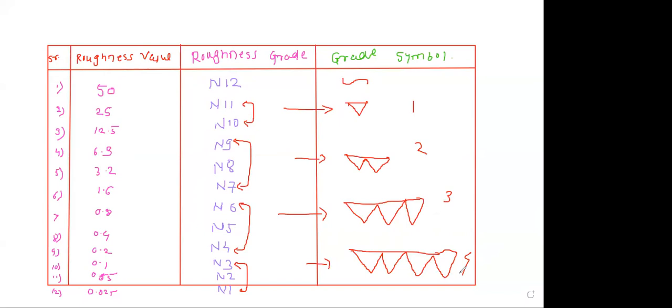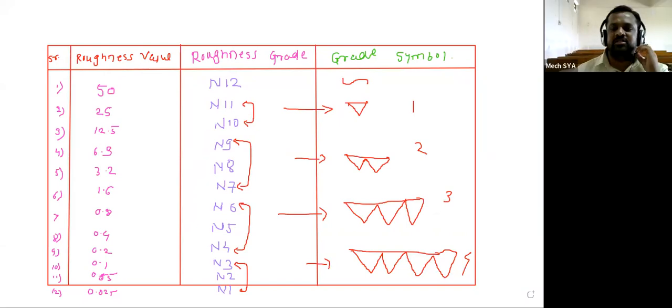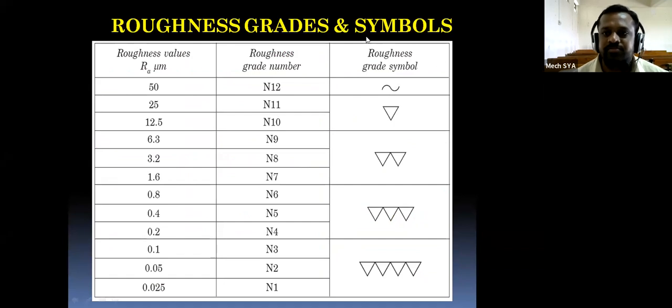Okay, now see how they will ask the questions. Simple. See how they will ask the question. For example, suppose we are having one component like this.